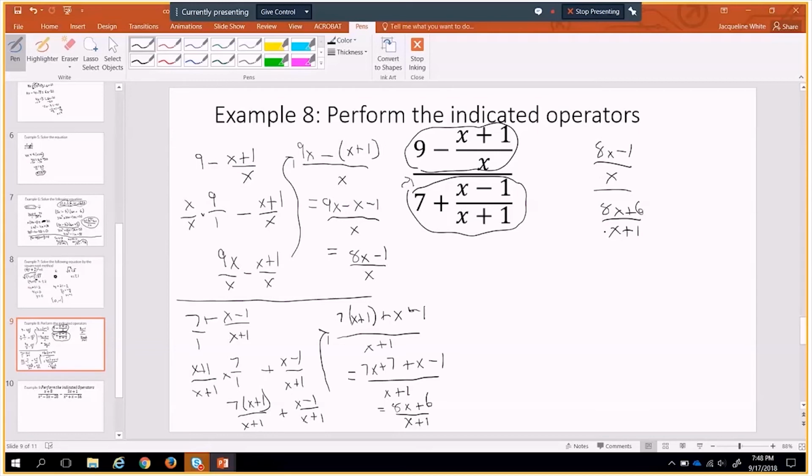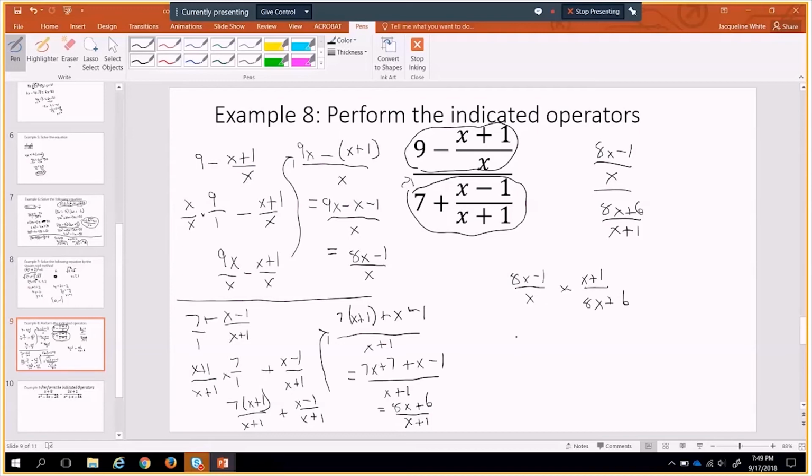That entails just flipping this guy to turn 8x minus 1 over x into multiplication of x plus 1 over 8x plus 6. So what do? We flip this guy and now we're going to multiply times the denominator, okay? Once we flipped it.